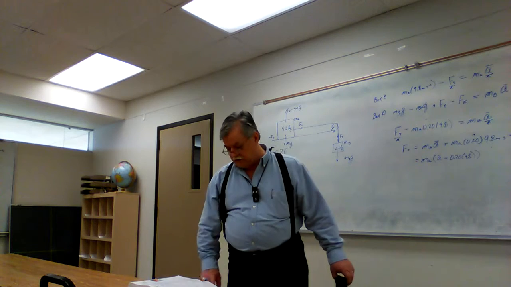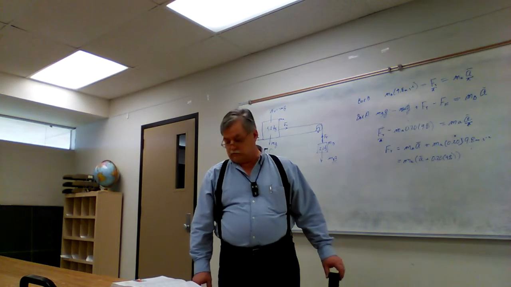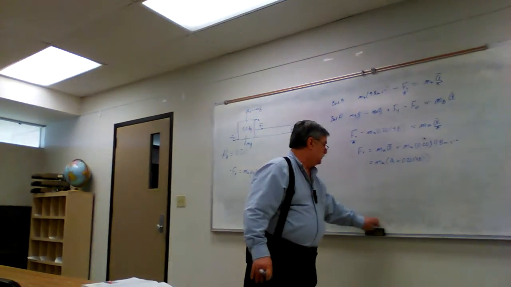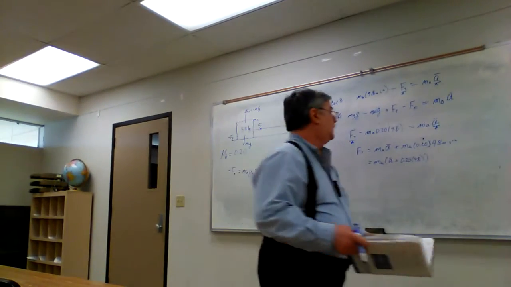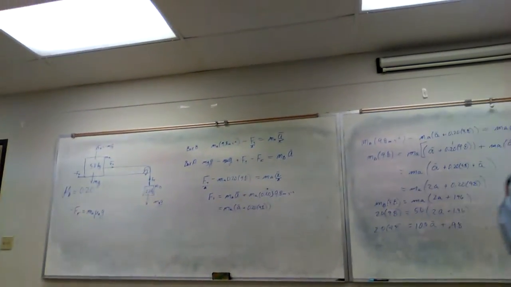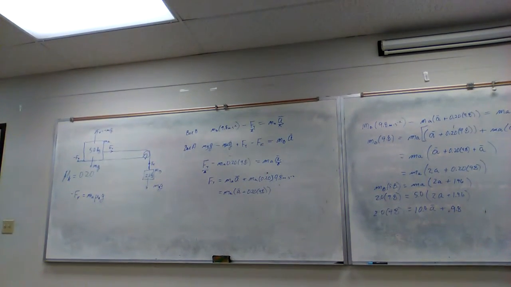That's not what they got in the book. They got 1.4. Where did I go wrong? Somebody examine this and see if we can figure out where I went wrong.